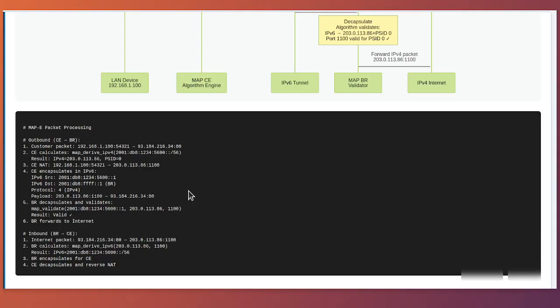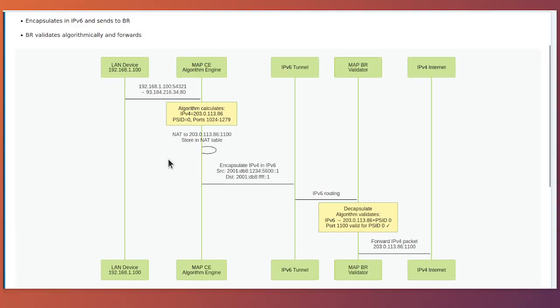The CE then extracts its PSID from bits 49 to 56, which in this prefix contain 0x00, so PSID equals 0. Using this PSID, the CE calculates its valid port range. With PSID 0 and standard parameters, it might have ports 1024 to 1279.